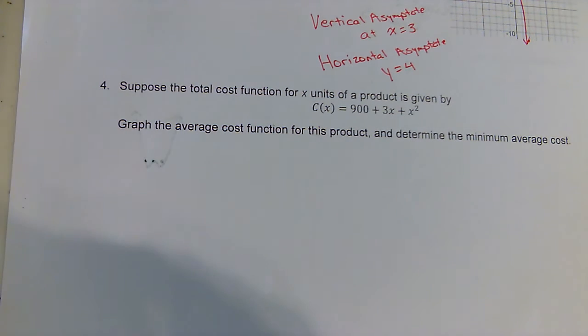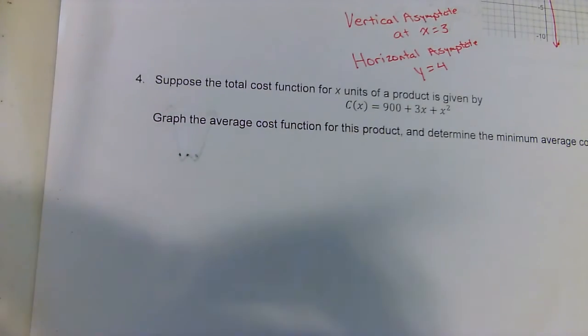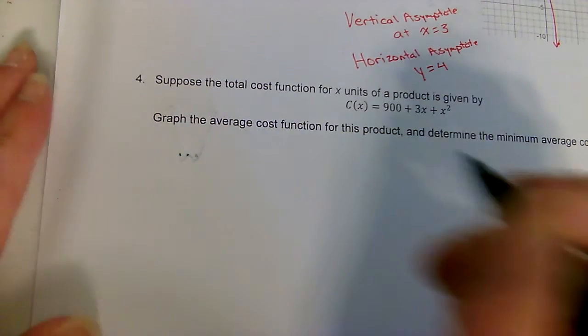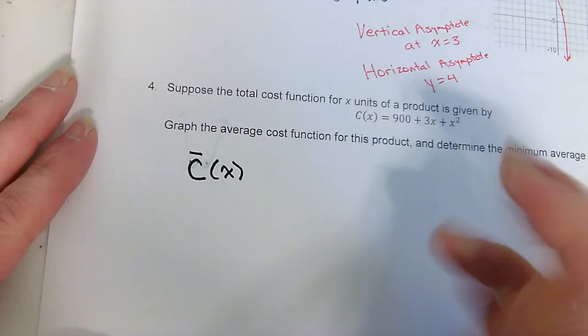Suppose we have this as our total cost function, and we want to look at the average cost function. So average cost. So this is the total cost. So I want to think about average cost. So average cost is represented by this symbol.